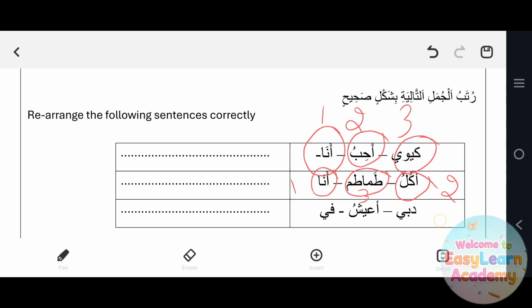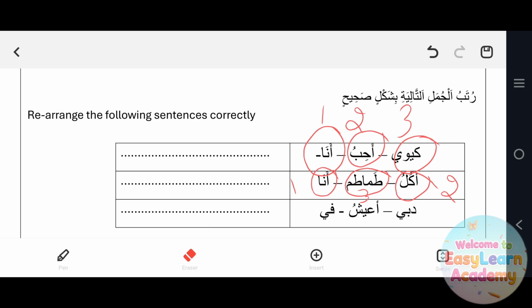The next words given are Dubai, Aishu, and fee.